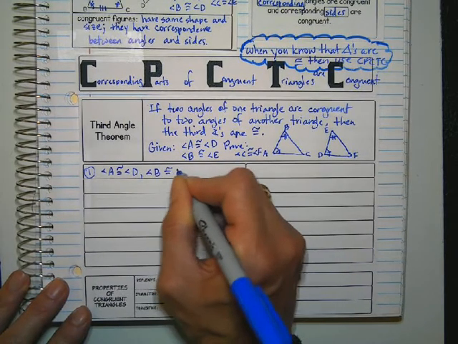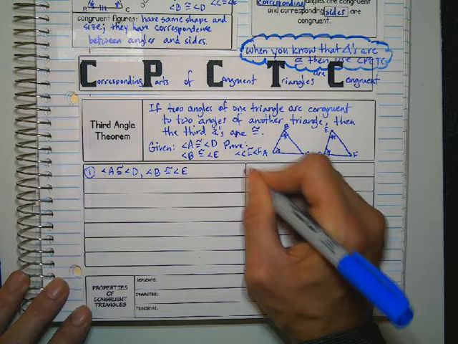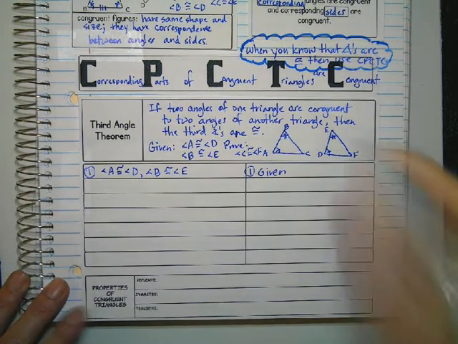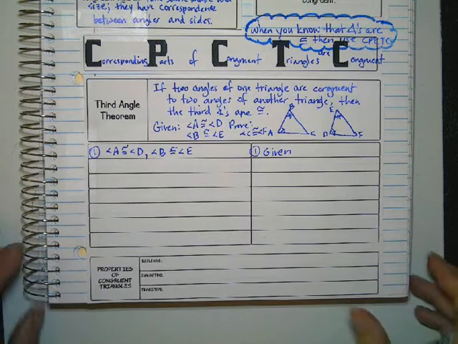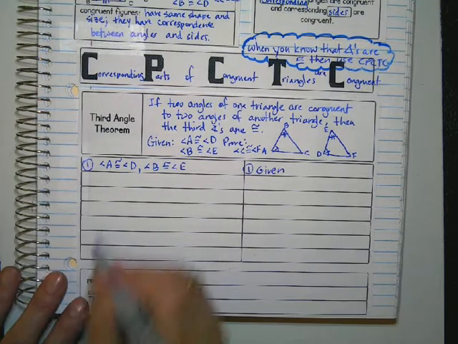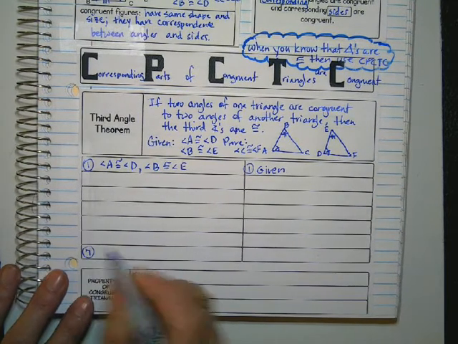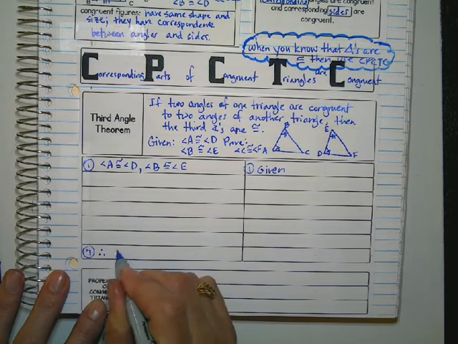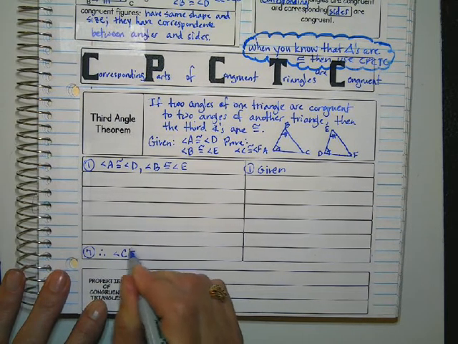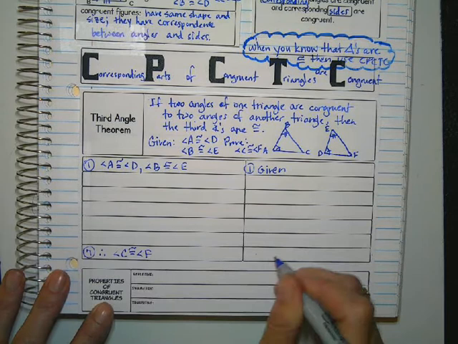I will tell you that this is a 7-step proof, and it does end with angle C is congruent to angle F. I'm not going to tell you the reason there, but if you want, you could pause the video and try to do this on your own. Or maybe you can go step by step and get some hints and then see if you can do it.